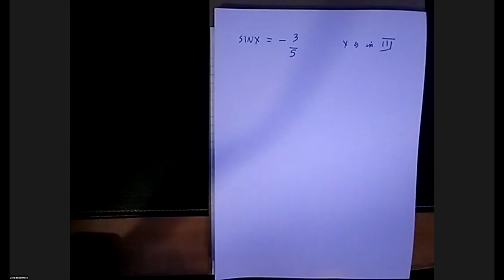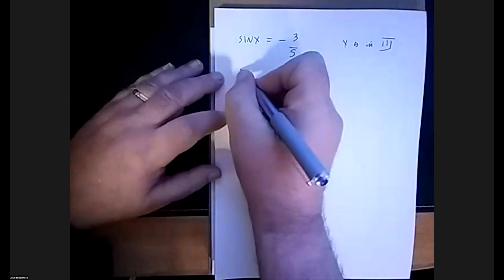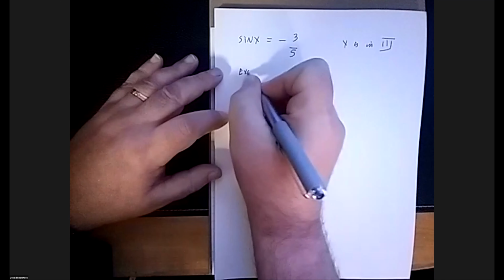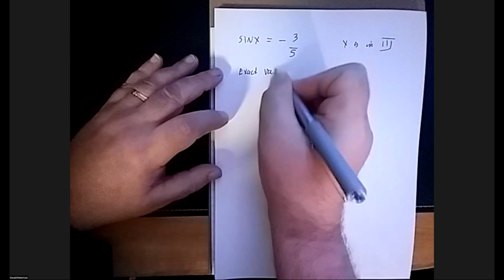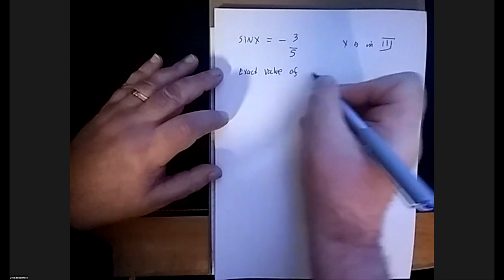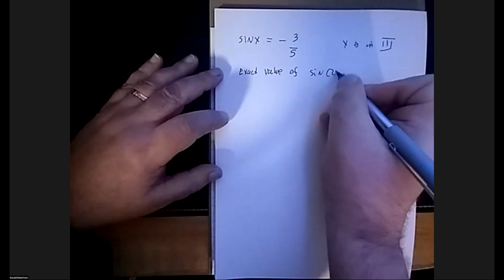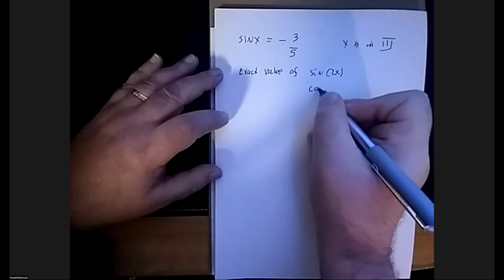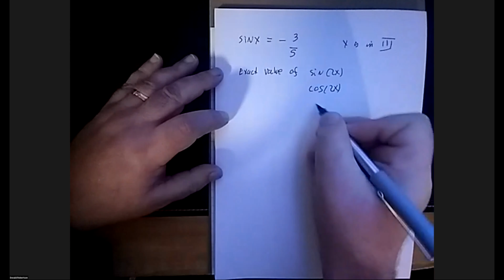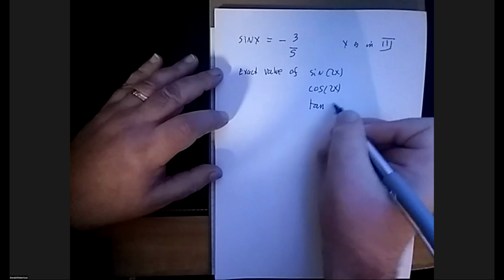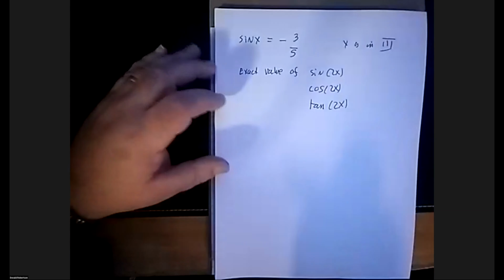Let's suppose that you've been told that the sine of x is negative 3/5 and that x is in the third quadrant, and you're being asked to find the exact value of the sine of 2x, the cosine of 2x, and lastly, the tan of 2x.